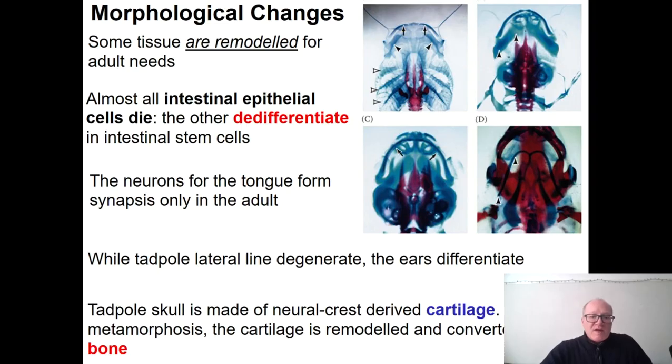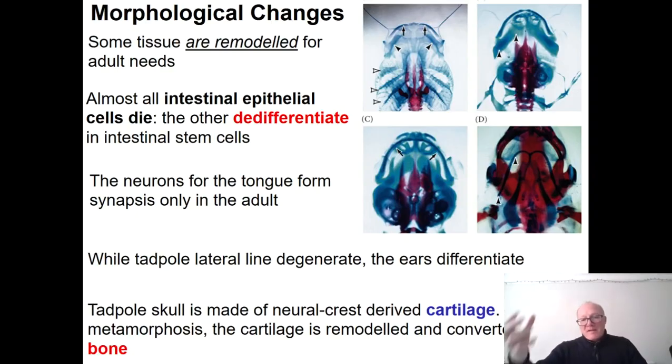Finally, another important change is that the tadpole skull is changing shape and becoming an adult-shaped skull, but also the material of the bones of the tadpole changes. The tadpole skeleton, and the tadpole skull, is made mostly of cartilage.